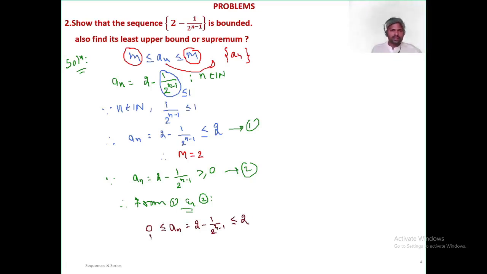So it is like small m and this is like capital M. So such upper bound and lower bound exist, therefore the given sequence is bounded. So therefore the sequence 2 minus 1 upon 2 raised n minus 1 is a bounded sequence.